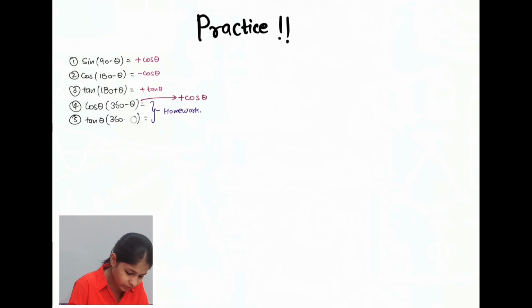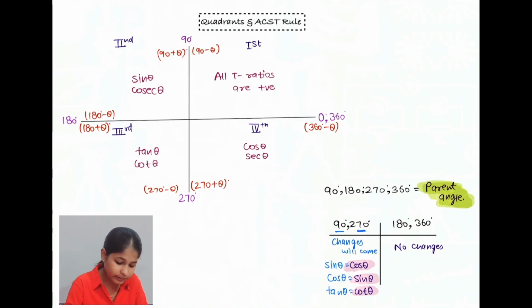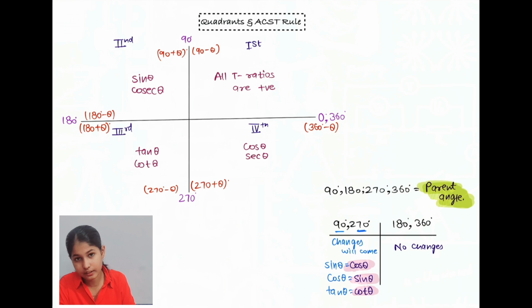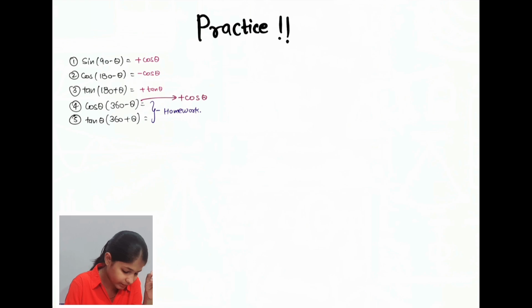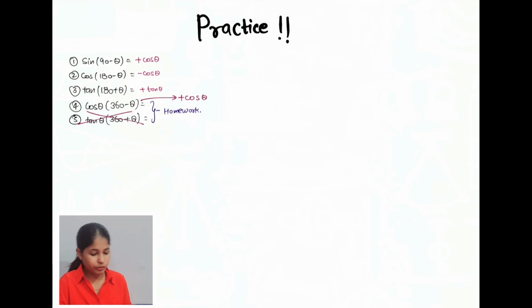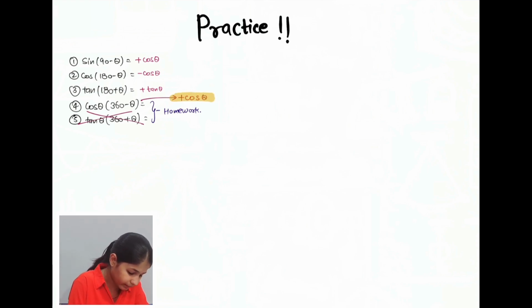Yes, it is wrong, because there is no angle above 360 degree that we consider. So sorry, this is a wrong question, don't focus on it. Our answer is right, and you can check.